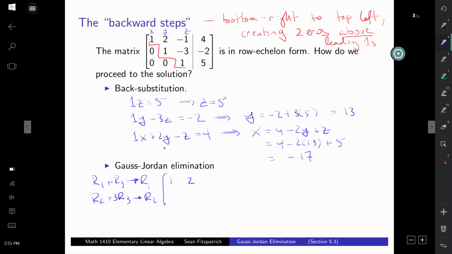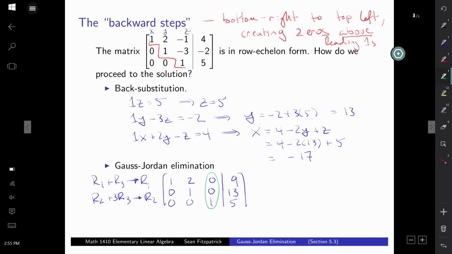So minus 1 plus 1 gives me the 0 I'm looking for. 4 plus 5 gives me a 9. Then 0, 1. So minus 3 plus 3 gives me a 0. Minus 2 plus 3 times 5, minus 2 plus 15, gives me 13. 0, 0, 1, 5.